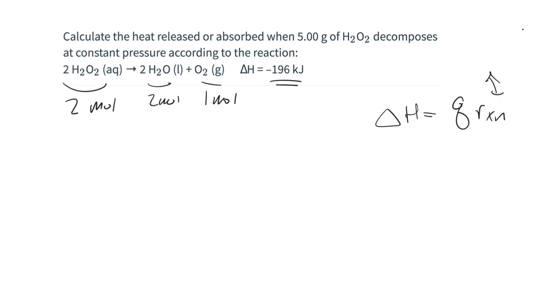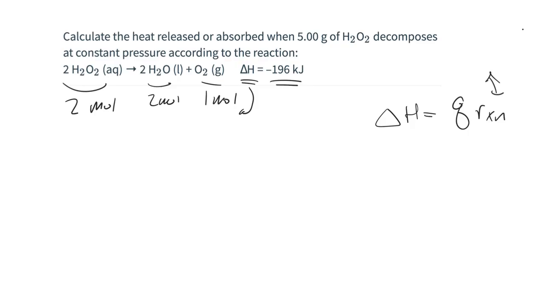So delta H depends on the quantity of reactants, and the amount of reactants is given by the coefficients, assumed to be moles. And so that's the big thing here, whenever you see delta H for a reaction, we're assuming the coefficients are moles. And now when we think about 5 grams of hydrogen peroxide undergoing a decomposition, that's different than 2 moles. So we're going to have to figure out, sort of by ratio of the minus 196 kJ to 2 moles of H2O2, what the heat change was for the reaction in terms of just 5 grams reacting.